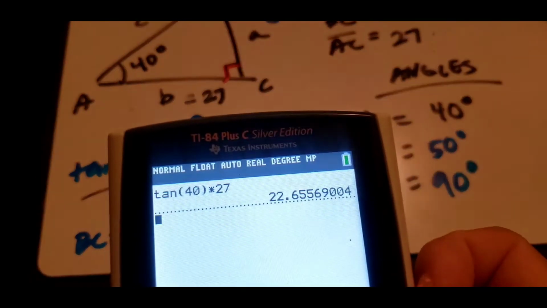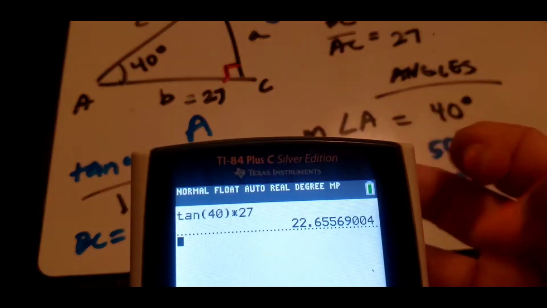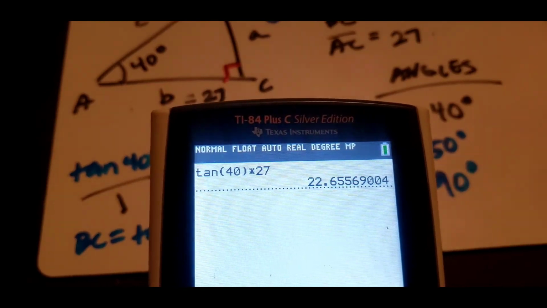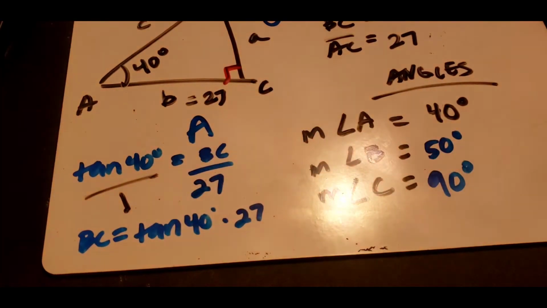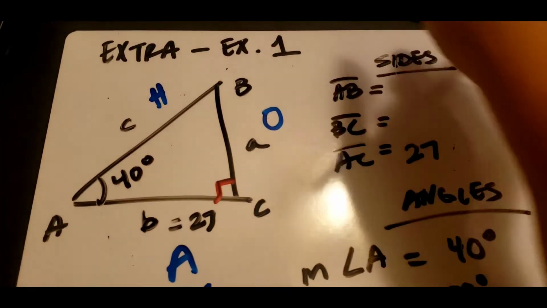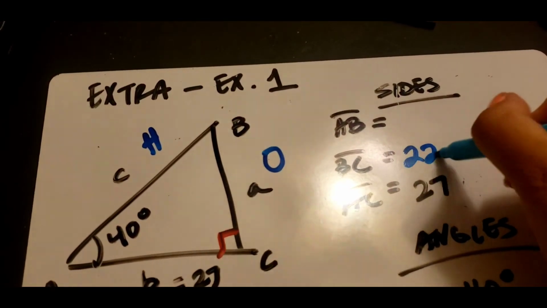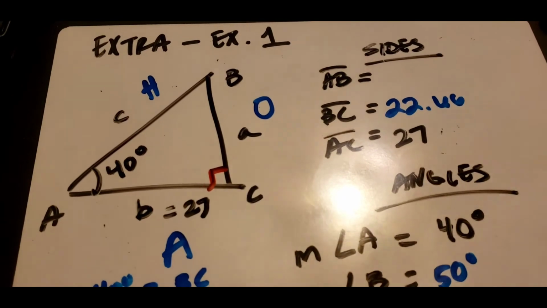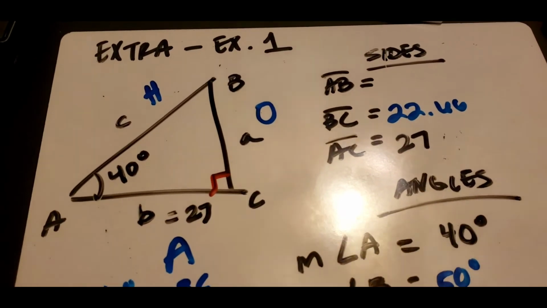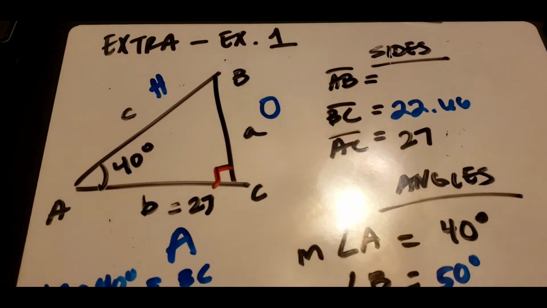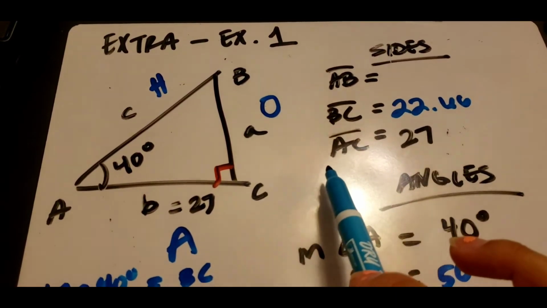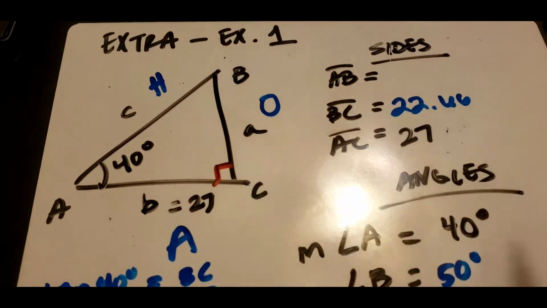That's going to give me approximately, and again, I'm going to stick to 2 decimal places, 22.66. So BC is 22.66. You can always use the Pythagorean theorem to check your answers, but also remember that AB should be your longest side.